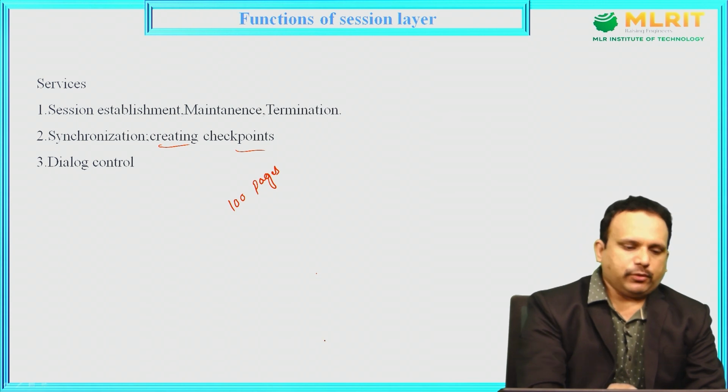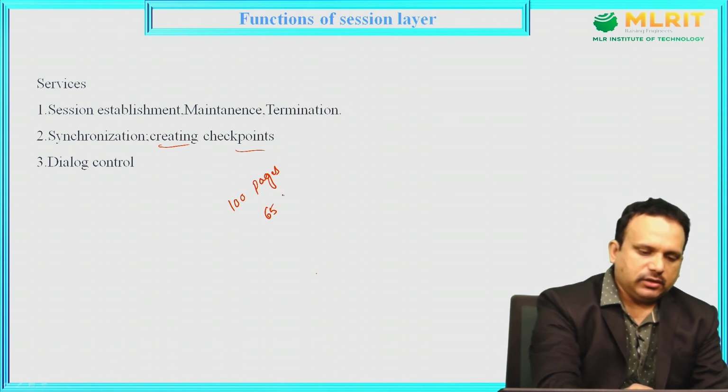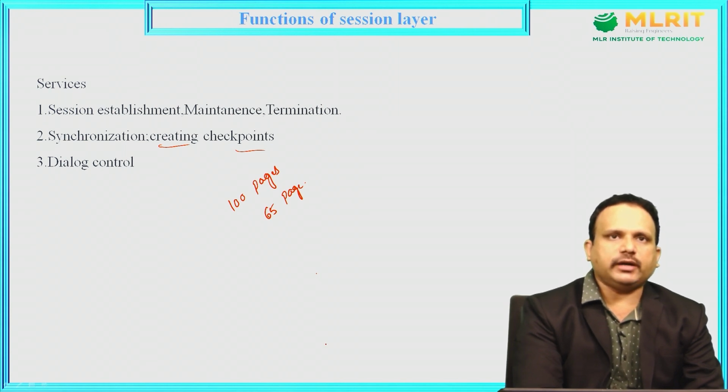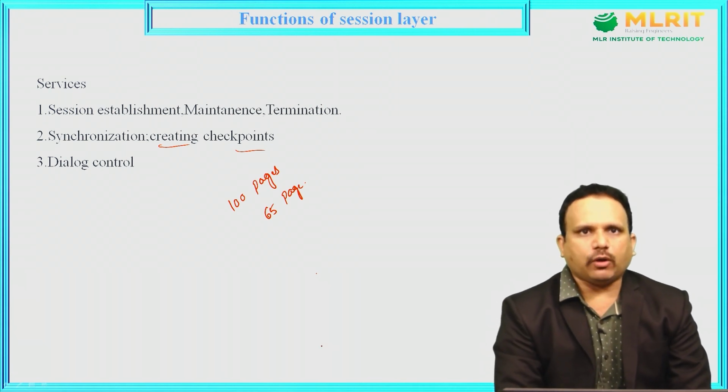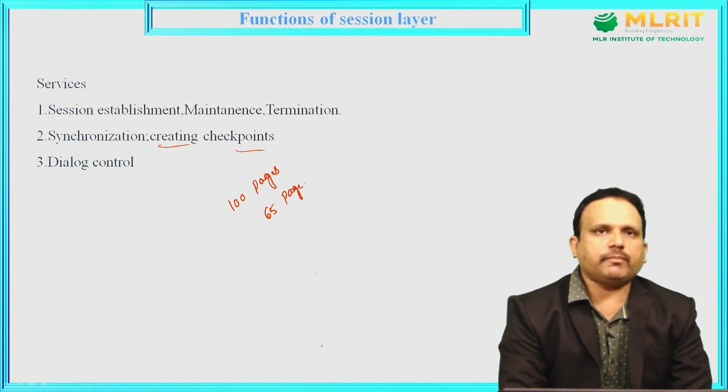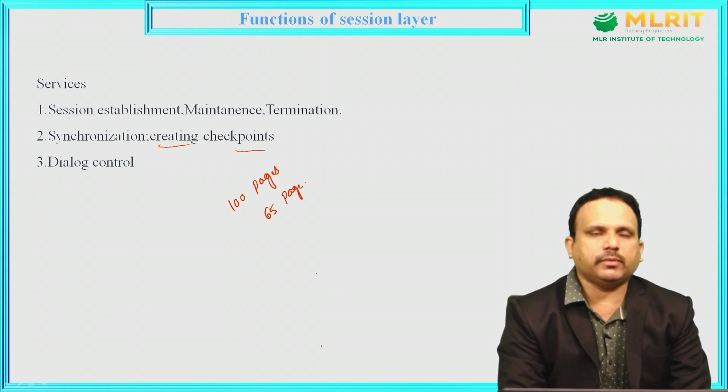Say during the 65th page, the page has been corrupted. We don't have any clarity at what point the crash occurred, and which page has to be retransmitted, or whether we need to transmit all the pages. So you cannot maintain synchronization without implementing checkpoints.